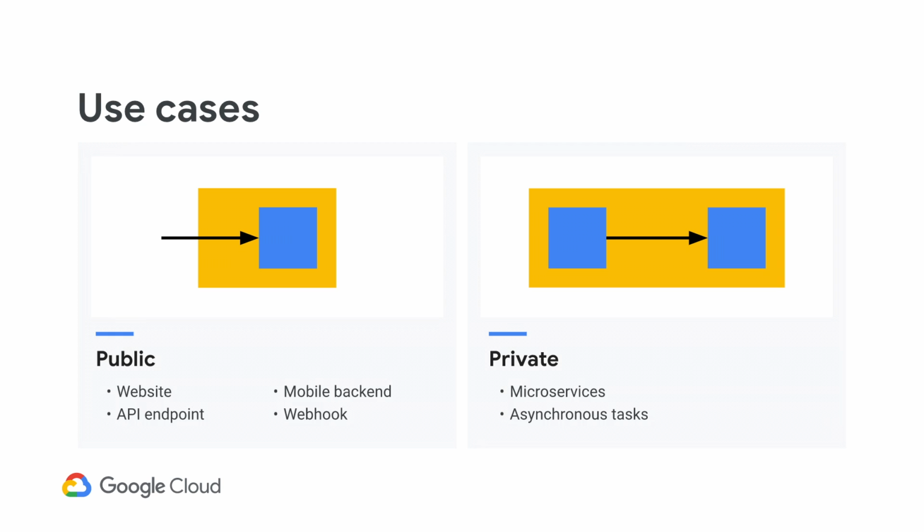But as I mentioned before, you don't necessarily need to expose a public endpoint when you use Cloud Run. There is a layer of authentication in front of Cloud Run that you can use using IAM. And so what that means is that you can do private microservices. We've seen customers using private microservices to do data transformation, for example, transforming Word documents into PDFs.